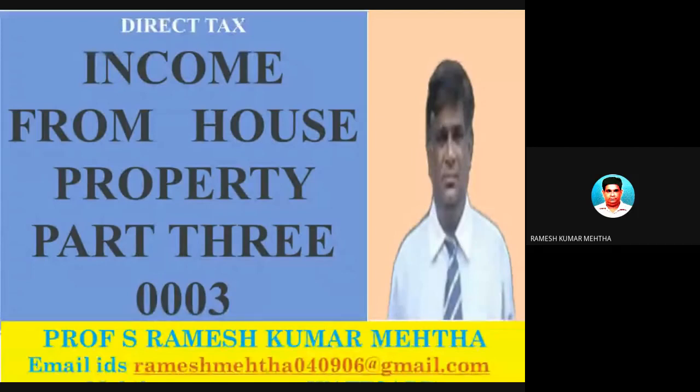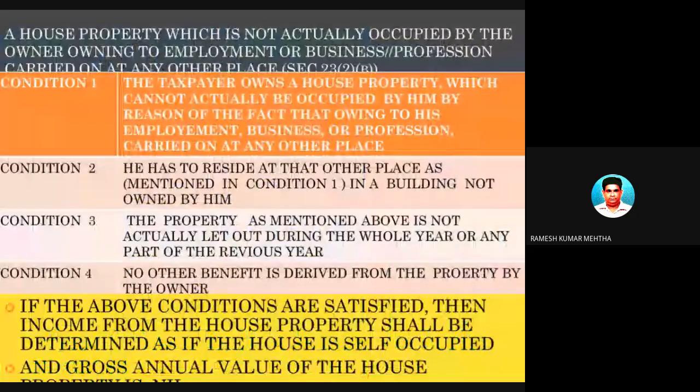So this is situation 2. A property which is not occupied by the owner due to employment or business or profession carried out at any other place, under section 23(2)(b). What does it mean?